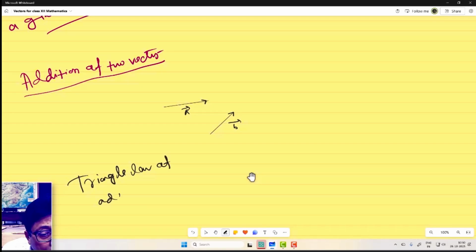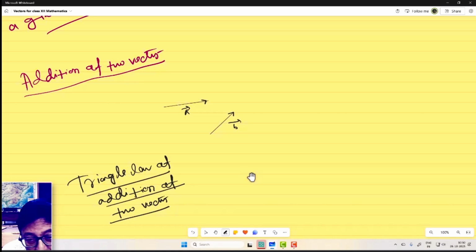Triangle law of addition of two vectors. Let me tell you what you are going to do. This vector A is there. This vector B, you start moving parallel to itself. Take it here. And this one also.